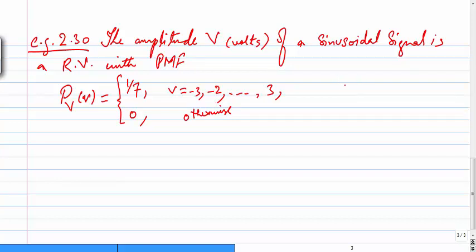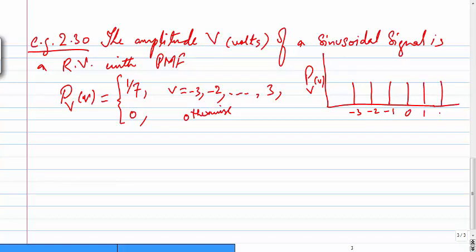Now if we try to plot it, this is a uniform distribution, so if this is -3, -2, -1, 0, 1, 2 and 3, the amplitude is 1 by 7 for each.